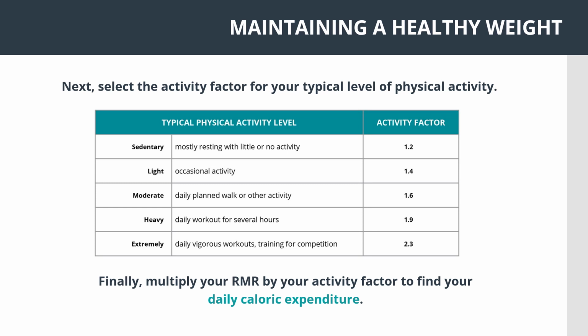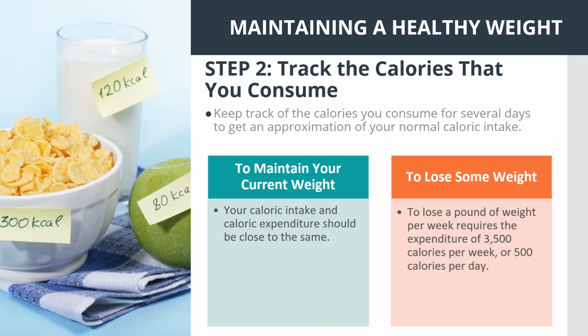Once you know that basal metabolic rate, you can factor in an activity factor, and that will give you an estimation of approximately how many daily calories you should be consuming to maintain your body weight. When you track your calories, you can identify how many calories you're consuming and track your weight and determine that that is the approximate amount of calories as well.